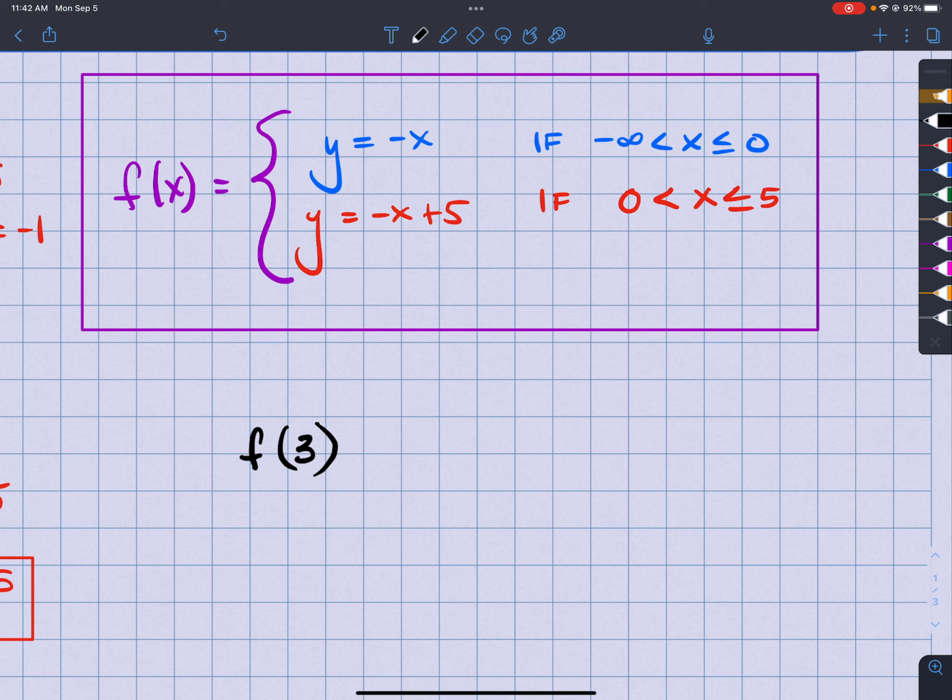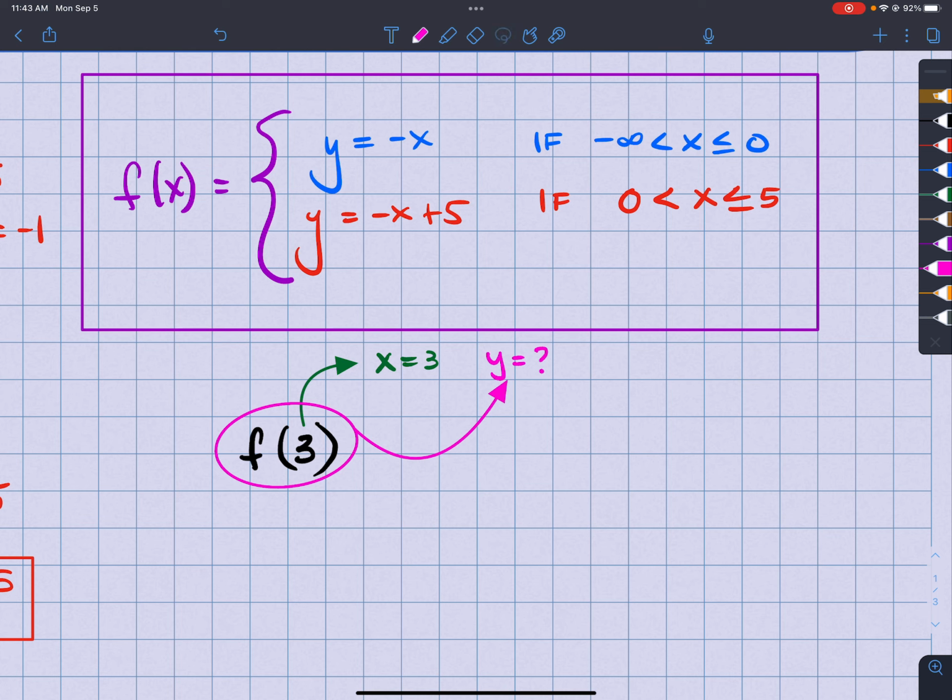So if that's the case, what we do know is that this 3 is my x value, right? And what this whole thing is really looking for is my y value.